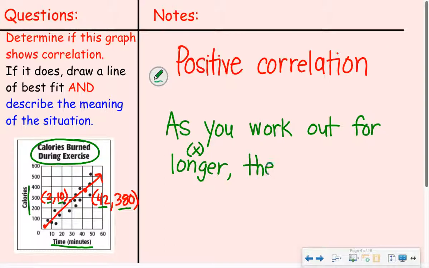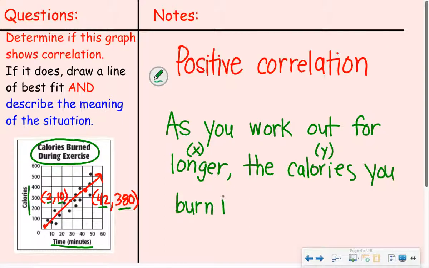So we'll say the calories, that's our y, you burn increases. So as you work out for longer, the calories you burn increases, which makes sense. The longer you work out, the more calories you're going to burn.